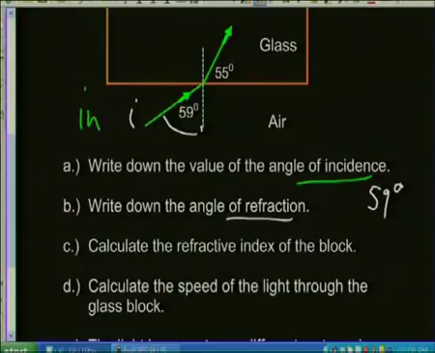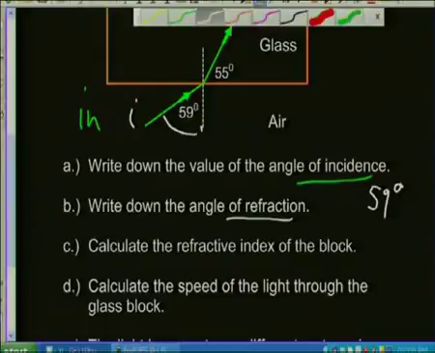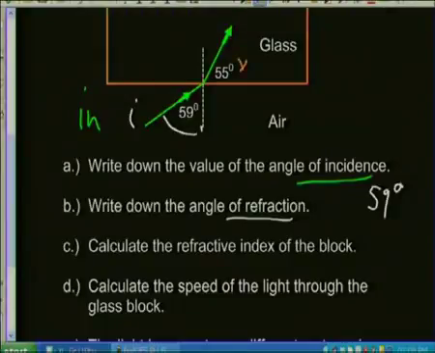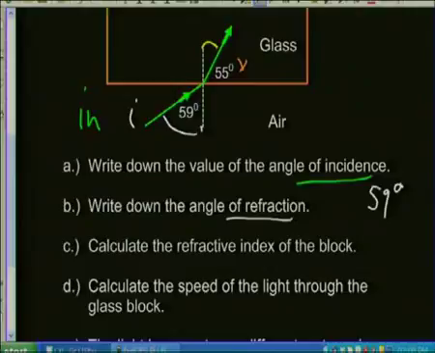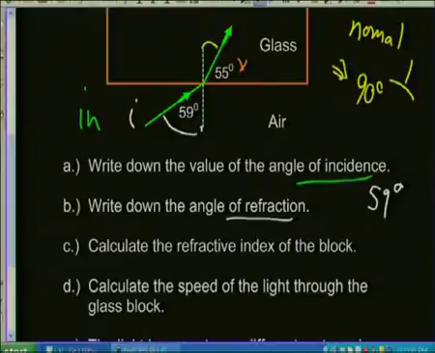So what we need to look at very carefully here, it's not this angle. It's not 55. Certainly not. No, it's the angle between the ray and the normal. So we recognize that a normal is a line that strikes the surface. Just remember, a normal is perpendicular to the surface. In other words, it makes an angle of 90 degrees. So if we want to find the angle of refraction here, we're going to subtract 55 from 90.